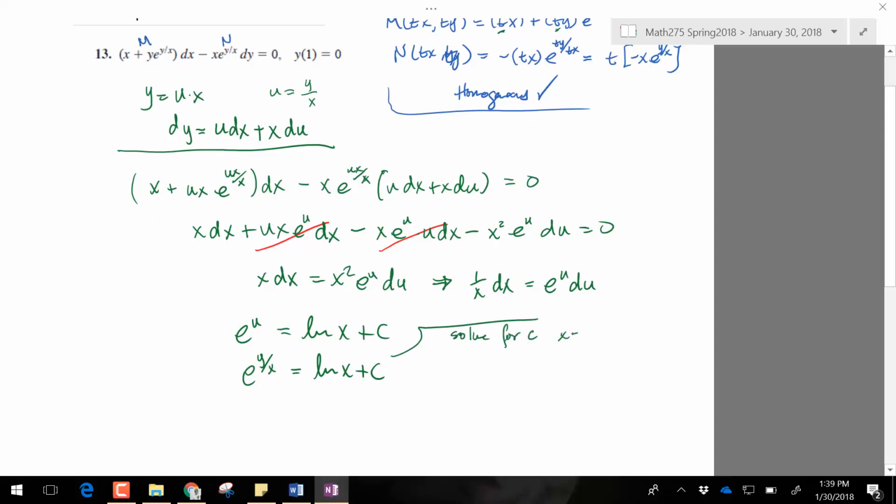So when x is equal to 1, y is equal to 0. So we have e to the 0 over 1 is equal to ln of 1 plus c. So c is equal to 1.